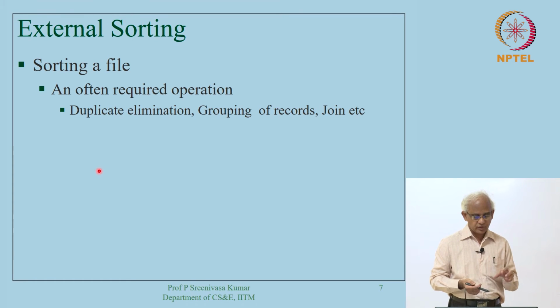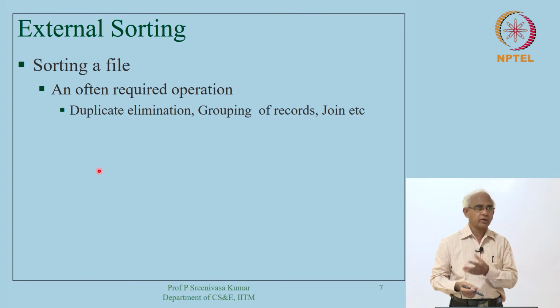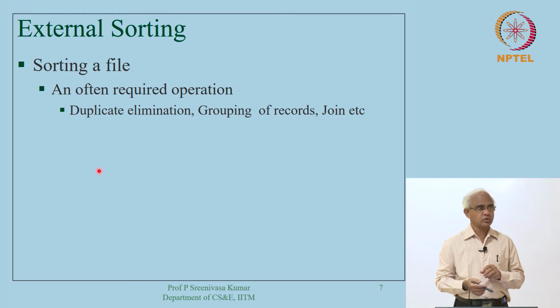Sorting appears in some step or other, because either you have to do duplicate elimination or grouping, or sometimes we can use sorting as a method of joining records. I will talk about sort based joins: especially if one of the files is sorted, it might be advantageous to sort the other file and then merge the two files to do a join. We will come to the join operations a little later.